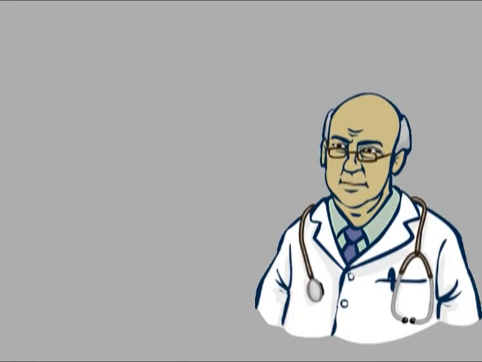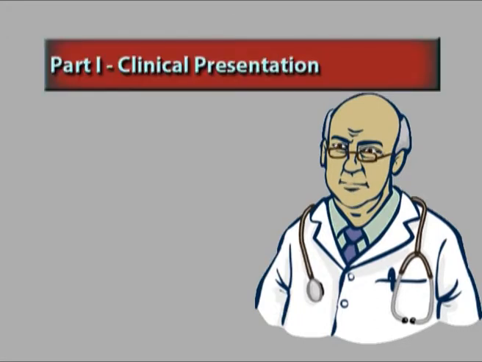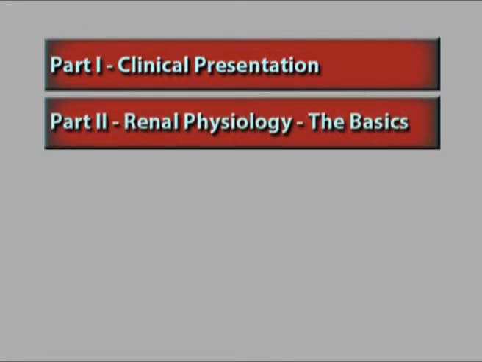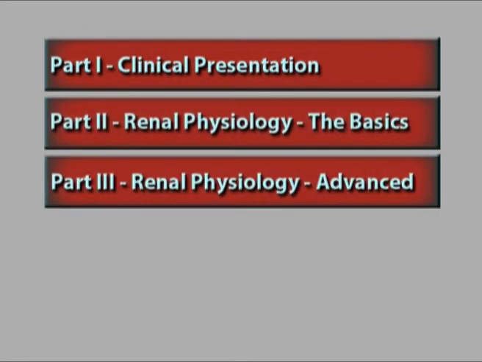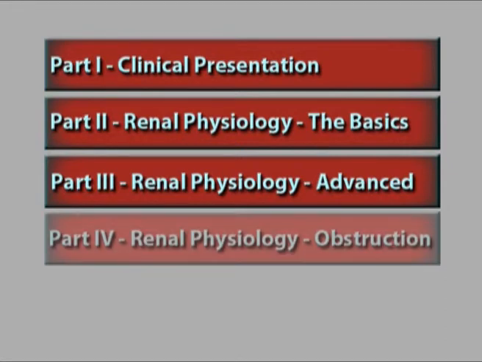My plan is to divide this course into 5 sections. In part 1, I will summarise the common ways in which renal tract obstruction may present and highlight some of the specific clinical problems that may arise. Following this, I will cover the basics of renal physiology. In part 3, I will discuss some more advanced physiological concepts that will be revisited in part 4, the physiology of obstruction.